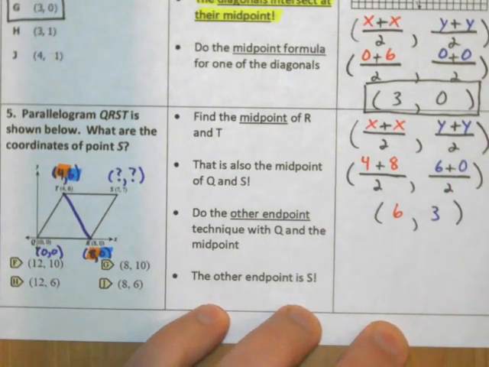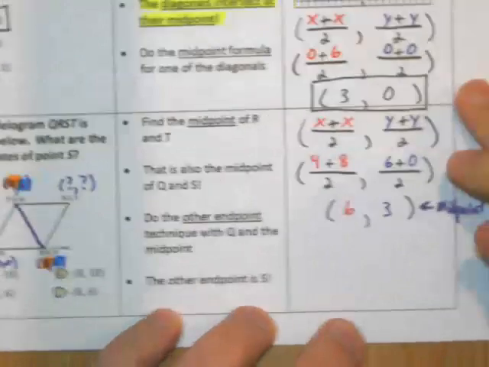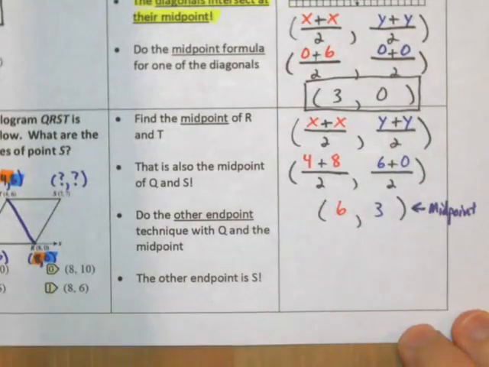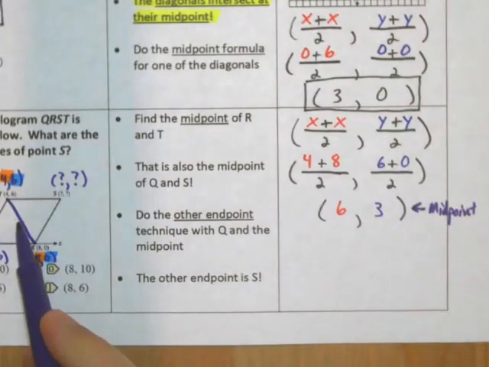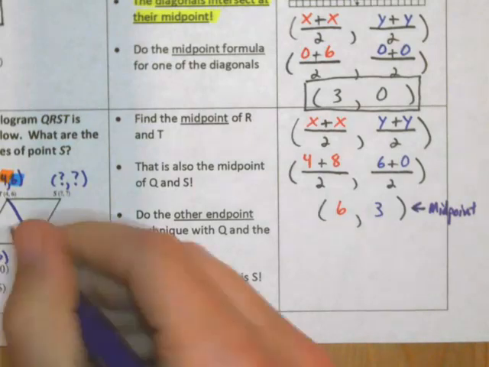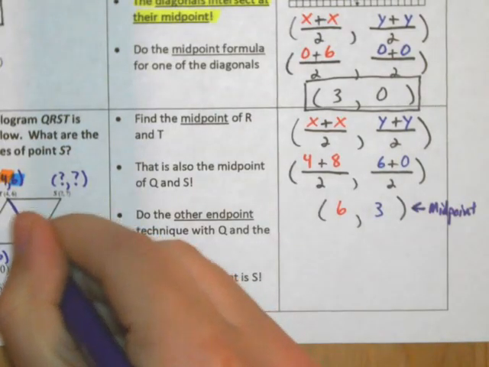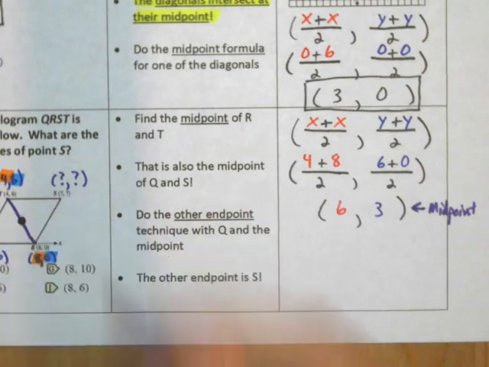Remember, this is the midpoint of the diagonal connecting R and T. So I'm going to basically find that midpoint. Draw it there on the picture.